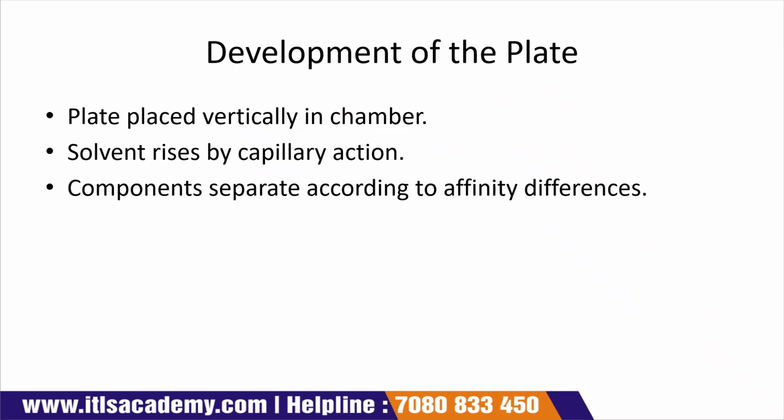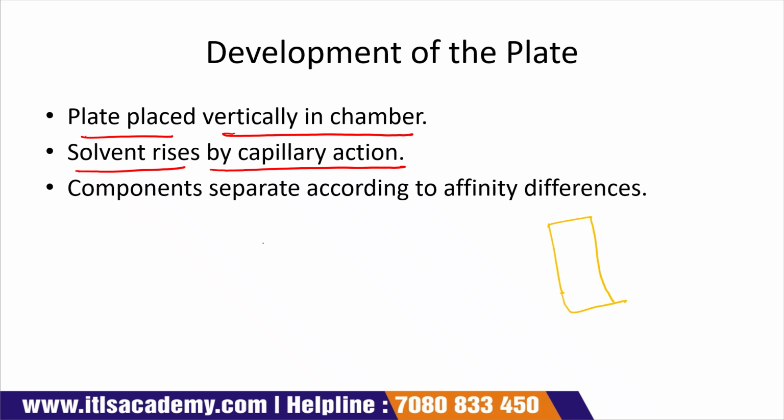Development of the plate. Plate is placed vertically in a chamber. Solvent rises by capillary action. Now after preparing the plate, now this is our plate, it is prepared like that. Now what we have to do, we put it into the chamber vertically, and the amount of the solvent is just below that line.